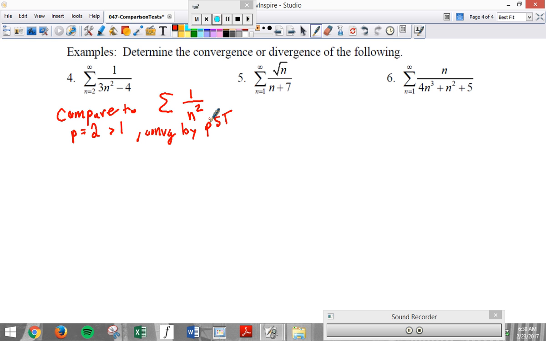And what do I want to do? I want to take the limit as n goes to infinity of this complicated fraction, but it's going to get simpler in a second. Actually, I'm going to color code this better for you. See, I picked orange and it won't let me.